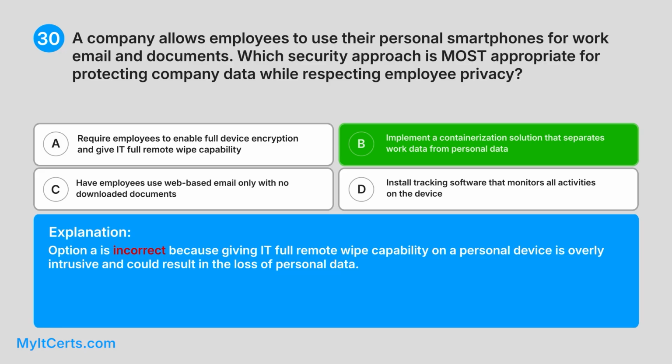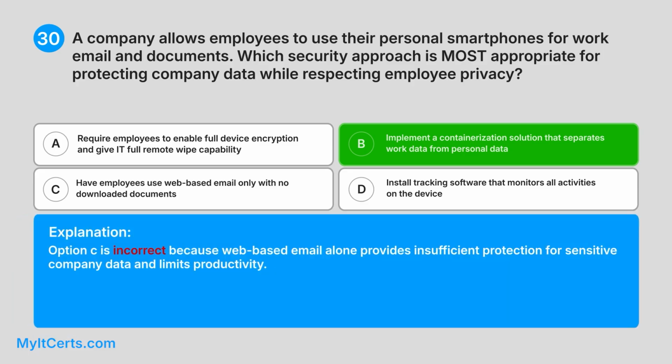Option A. Require employees to enable full device encryption and give IT full remote wipe capability is incorrect because giving IT full remote wipe capability on a personal device is overly intrusive and could result in the loss of personal data.